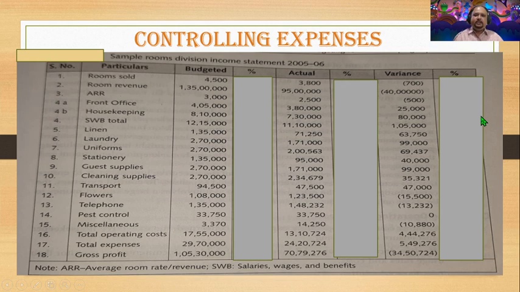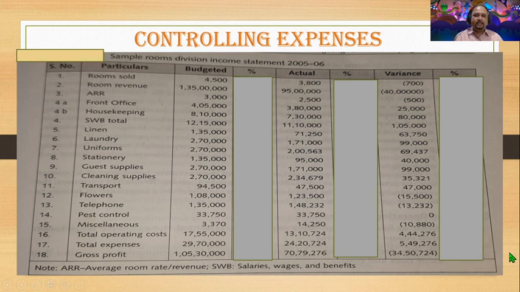And the operating expenses can be controlled, but we have to understand what is the budget, what are the actual expenses, and then what is the difference. If there is excess expenditure, we have to understand the reason, and then the housekeeper needs to take appropriate action.